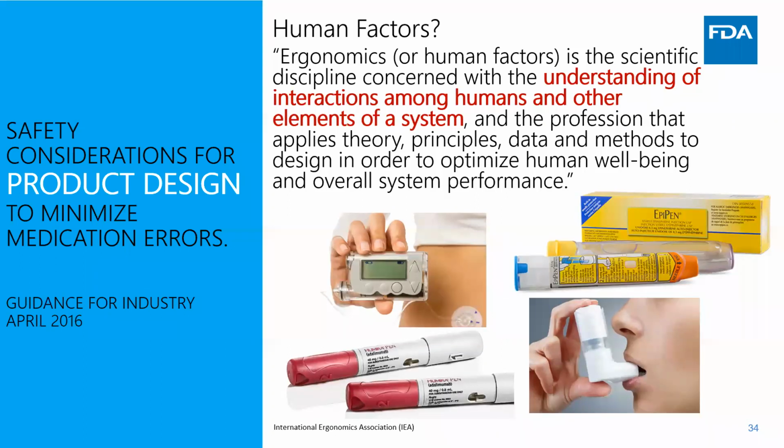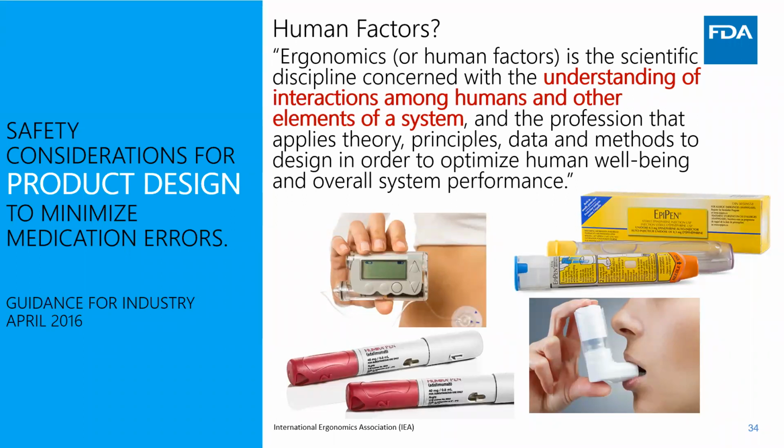So what is human factors? There are multiple definitions of human factors that are used throughout the field. And one definition that's adopted by the Human Factors and Ergonomics Society defines human factors as the scientific discipline concerned with the understanding of interactions among humans and other elements of a system, and the profession that applies theory, principles, data, and methods to design in order to optimize human well-being and overall system performance.